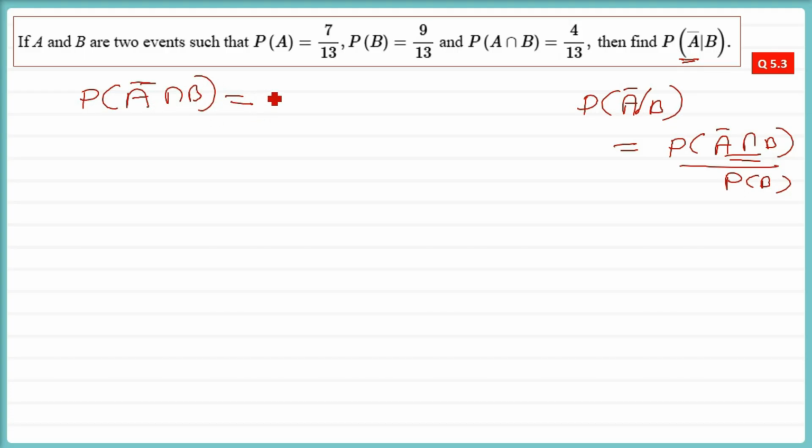What is that formula? In the theory of sets and via the Venn diagram, you understand that you subtract P(A intersection B) from P(B).